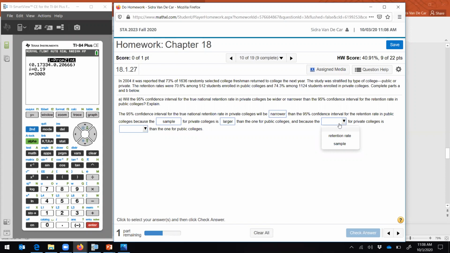What? Okay, so I need to make a statement about retention rates as well, is what this is saying. My retention rate is 70.6.